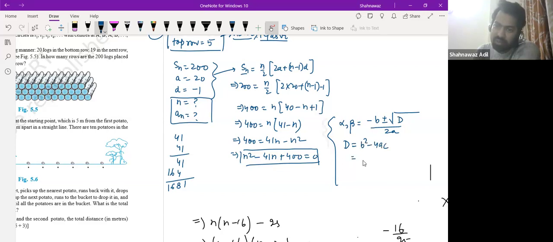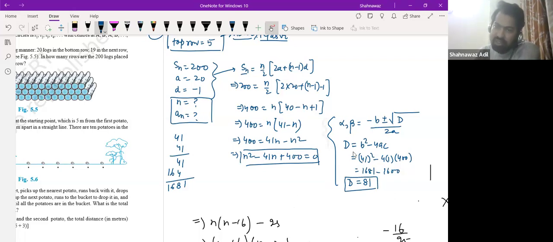So this is 41 square minus 4 times 1 times 400, a is 1. This is 1681 minus 1600, so this is 81. So this is very simple, that is why we can use the quadratic formula.